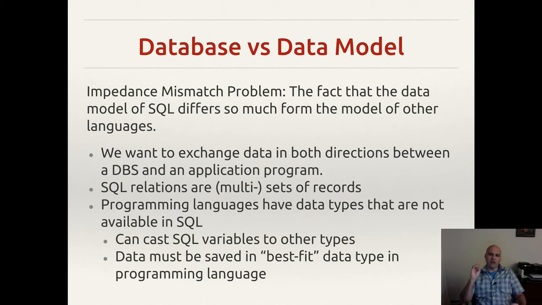Is that this data model, the relational data model, differs so much from the model of the languages that you're going to be using at a higher level. The application, I shouldn't say higher level because SQL is actually as high as it gets, really. But the application tier. So the application tier, it could be, say, let's rewind back to the pre-object-oriented days. So just flat out C, not even C++, right?